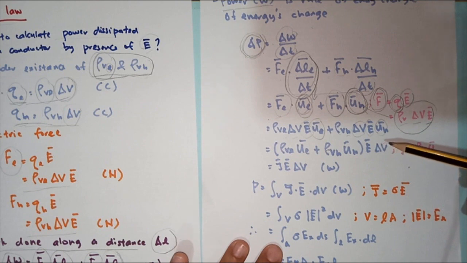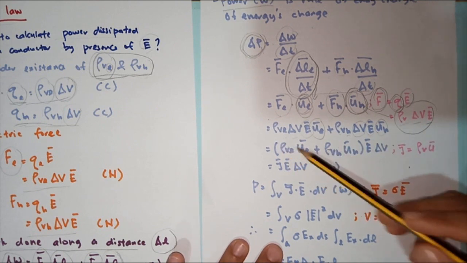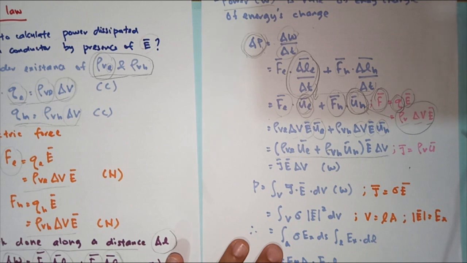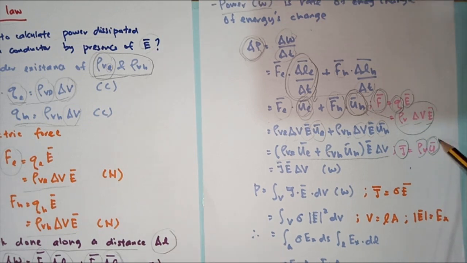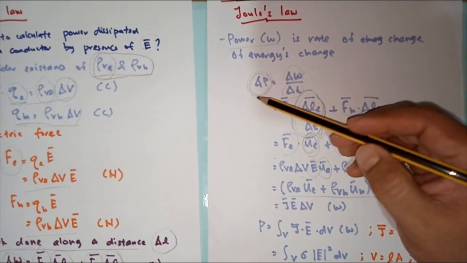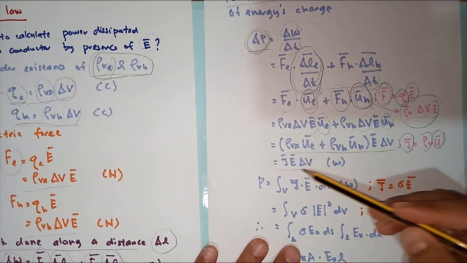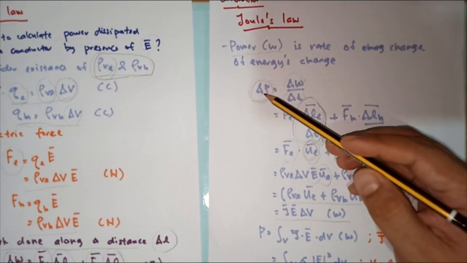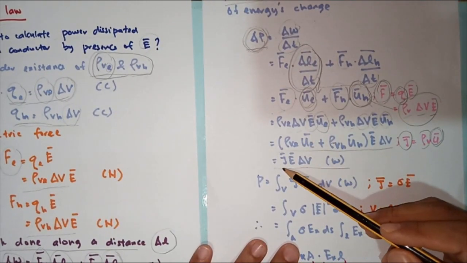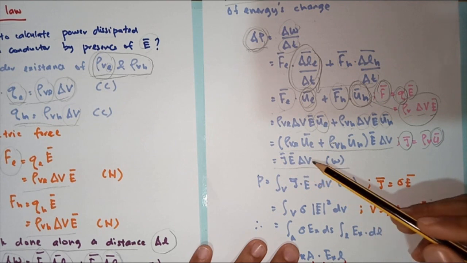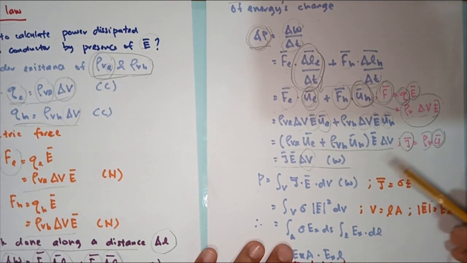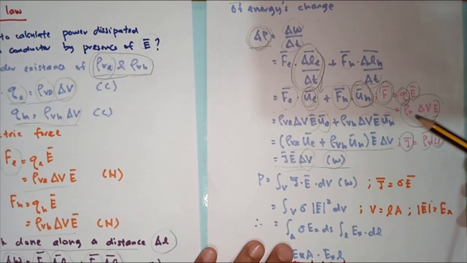By factorizing some elements here, we will have this expression. And by considering the expression J is equal to rho v multiplied by U, where U is the drift velocity for either the electron or the hole, we have our equation for power: delta P is equal to vector J dot vector E multiplied by the volume. The unit for this equation is watt.